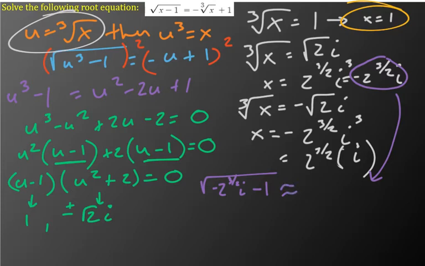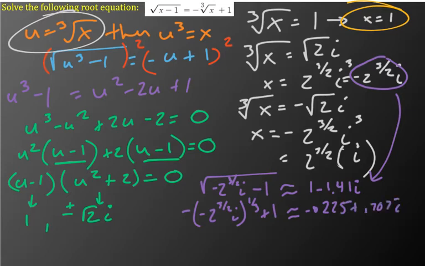You will get something that's about 1 minus 1.41i. But if you do the negative cube root of negative 2 to the 3/2 i, and then plus 1, you're going to get something that's about negative 0.225 plus 0.707i. And so those two things are clearly not the same thing. So this means that this is not a solution.